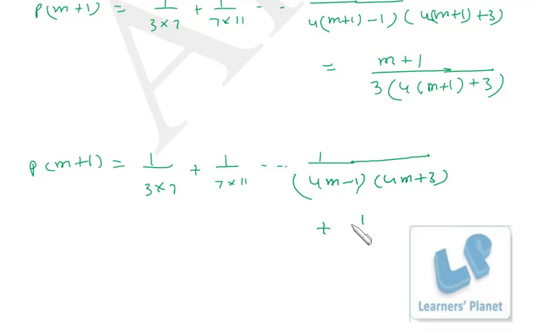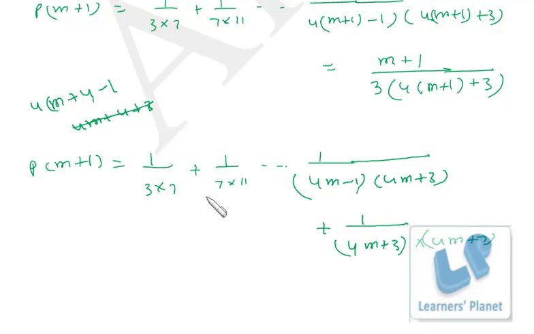Then the next term will be 1 upon, instead of m I'll be putting m plus 1, so it will be just rough work: 4m plus 4 minus 1, so that is 4m plus 3, into, instead of m putting m plus 1, so here it is 4m plus 4 plus 3, so it is 4m plus 7. Right? So that is actually Pm plus 1.